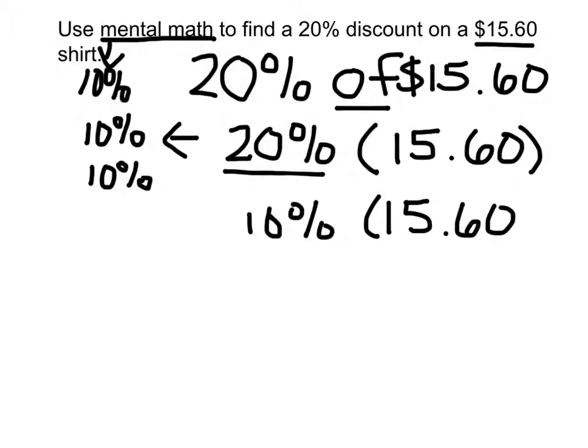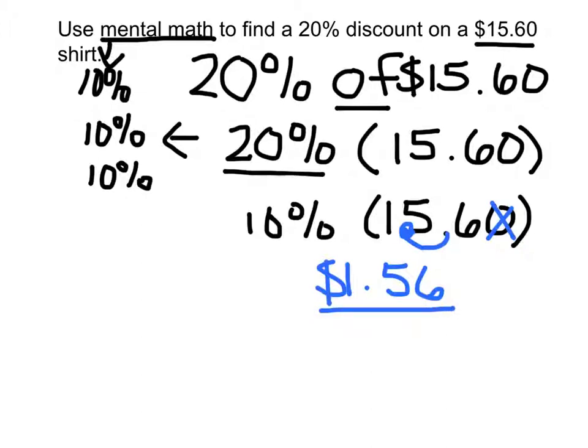Once again, that 10% is key, because when you multiply by 10%, the only thing you have to do is take that decimal and move it one place to the left. So right now, 10% times 1560 is really $1.56. I just get rid of that 0 when I move the decimal, because we're talking about money. So right there, that is a 10% discount.